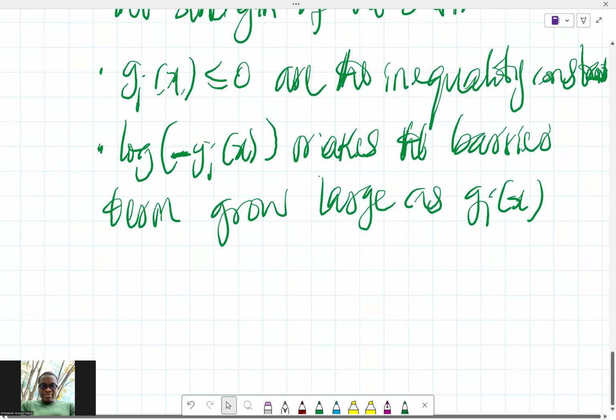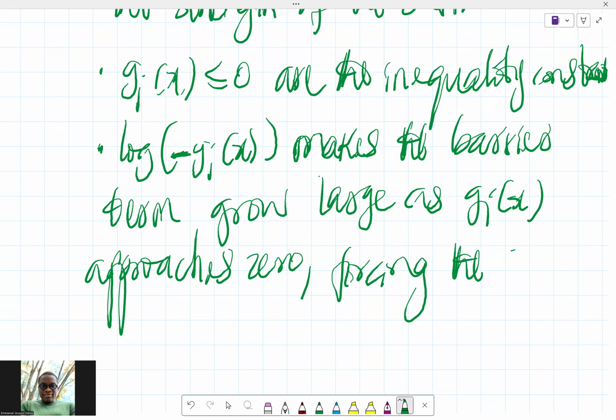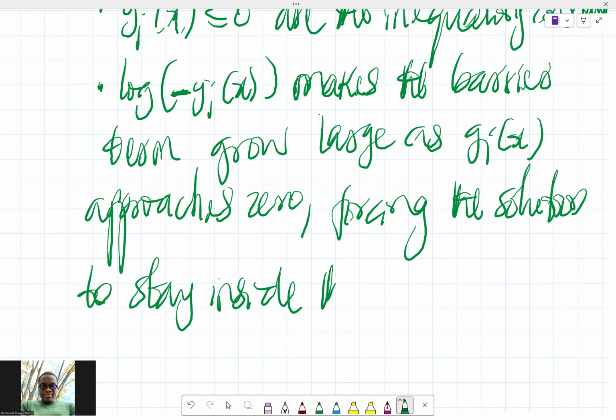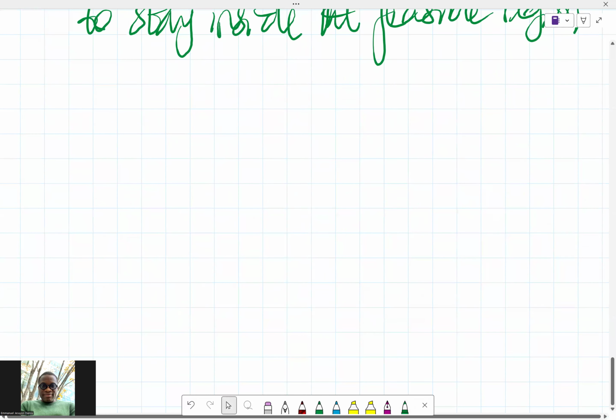So it makes the barrier term grow large as gi of x approaches 0, forcing the solution to stay inside the feasible region. Okay. All right.